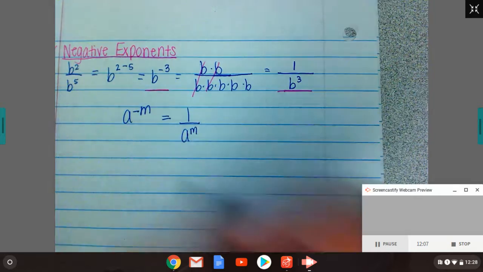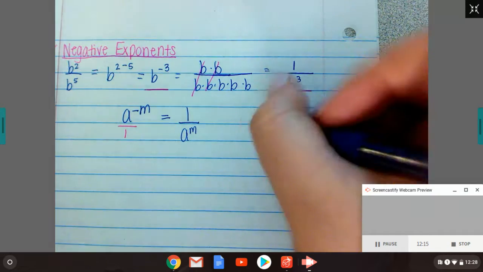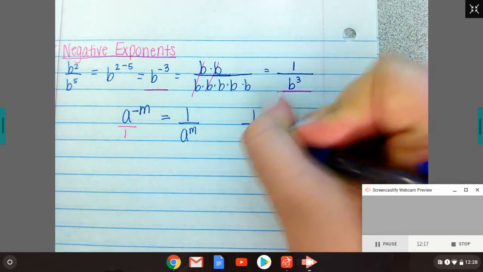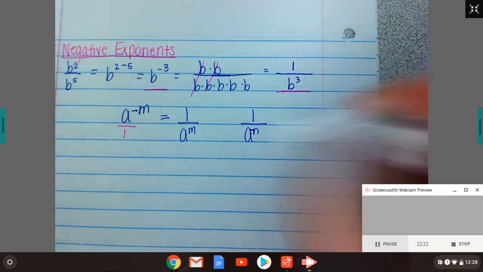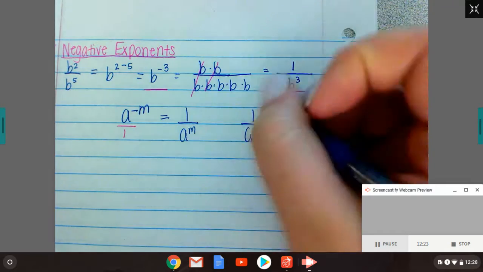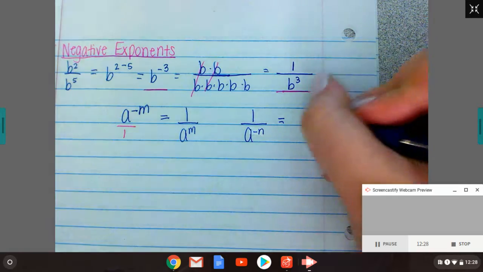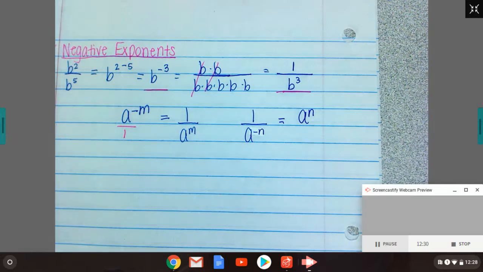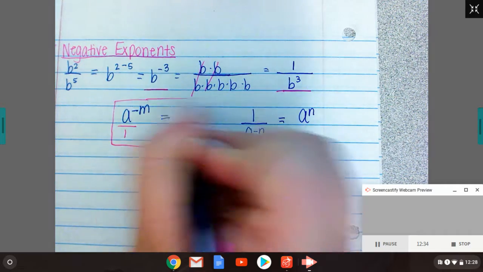So imagine that there's a 1 under here, flip it, and then make it a positive exponent. You can do the same thing if it's negative and already on the denominator. So if I have 1 over a to the negative n, I can flip it, put it on the top, and make it a positive. So each one of these is a representation of this property.